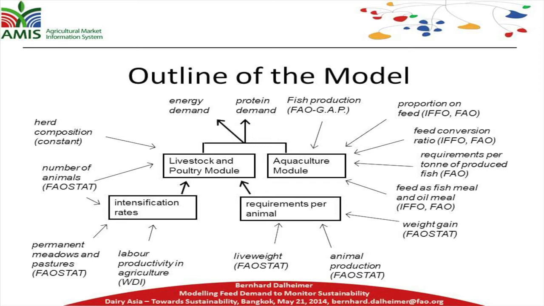It is not yet specialized for countries and years. We will have the number of animals, which we have from FAOSTAT. We calculate the requirements per animal, which we do for every country and every year, using special models provided by the National Research Council of the United States National Academy of Science.